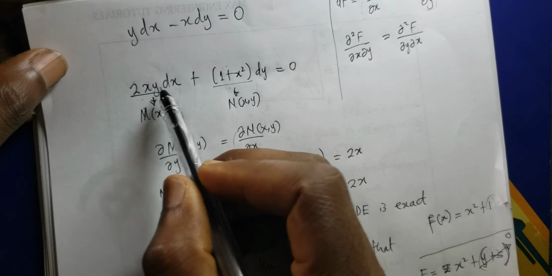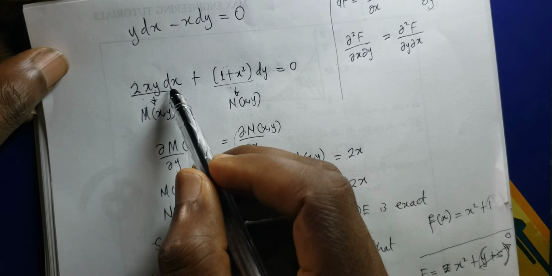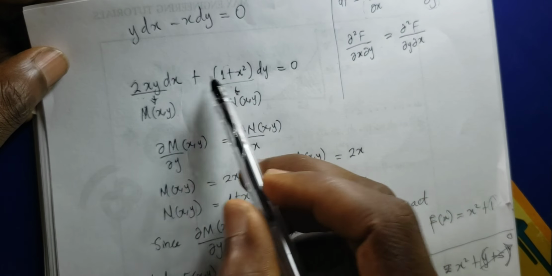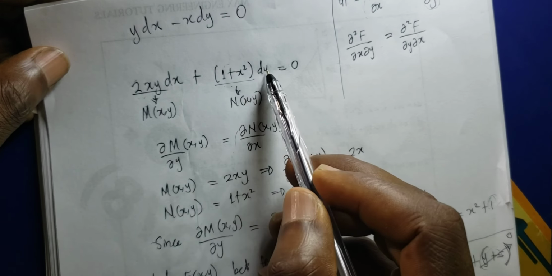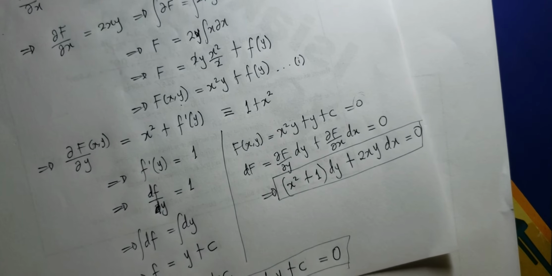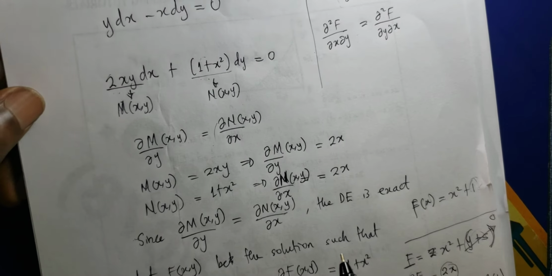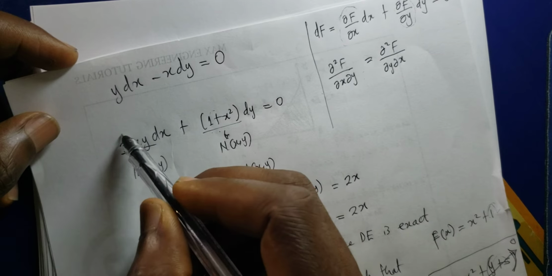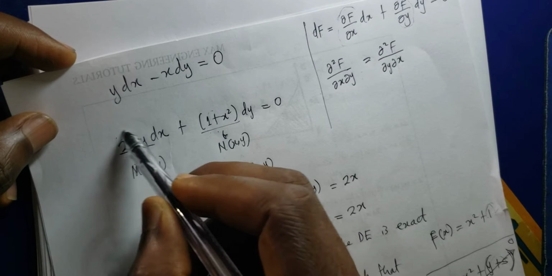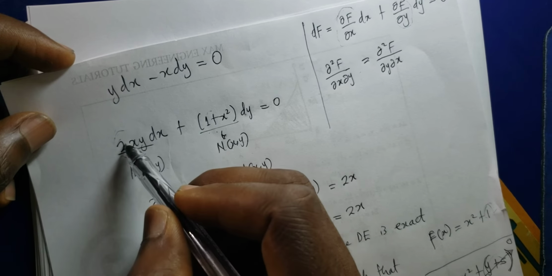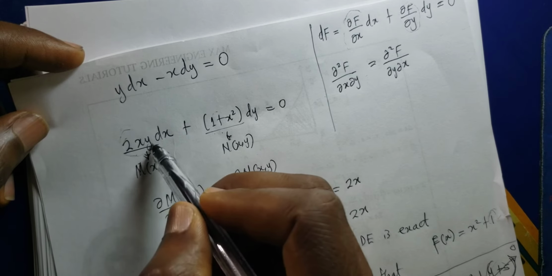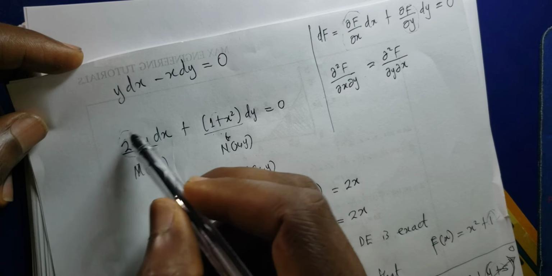Look at it. The question adds 2xy dx, then 1 plus x squared dy. At the end of the day, the solution is x squared y plus c equals 0. Observe something here. If you integrate this coefficient of the x with respect to x, what will it give you?